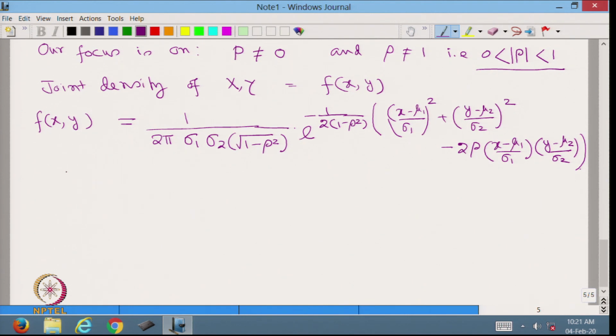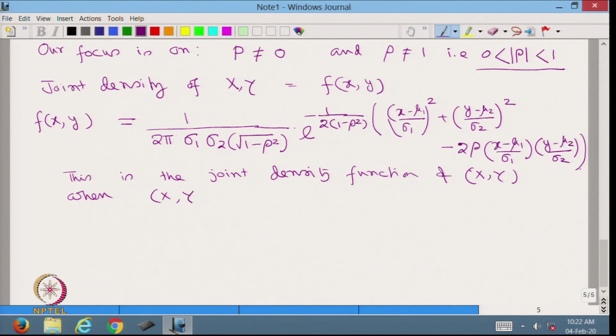So, this is the joint density function of x y when x y is distributed as bivariate normal with mu 1, mu 2, sigma 1 square, sigma 2 square, rho.